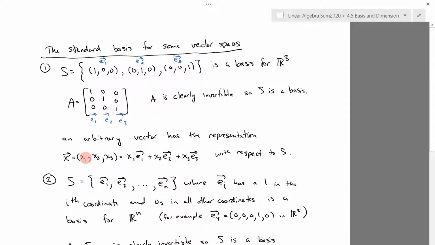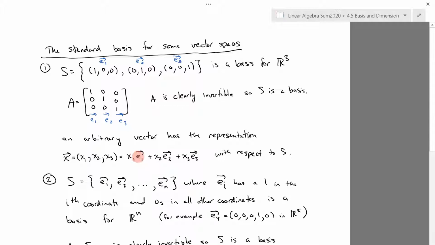Because x1 times e1 gives me the x1 in the first coordinate, x2 times e2 gives me the x2 in the second coordinate, and x3 times e3 gives me the x3 in the third coordinate.